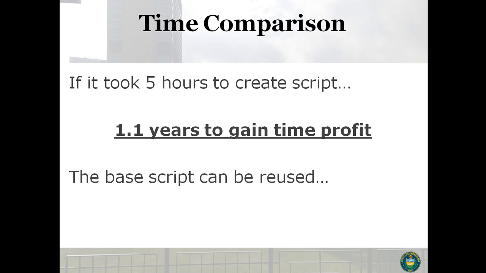And if you add on other tasks that you can schedule, that's more time. And more importantly, you have this nice base script that can be reused. And this base script can write the results to a text file or write any errors that occurred as well. So there's a lot of great benefits far beyond the small time savings you get.